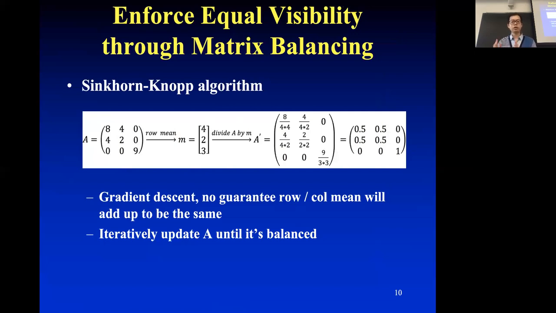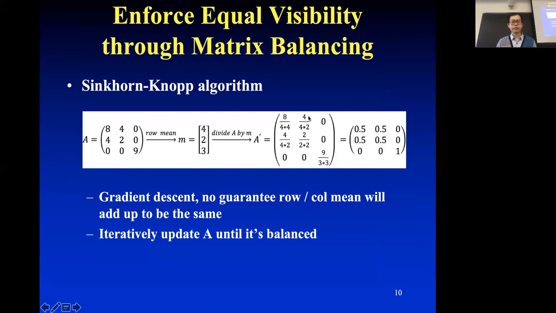So after we know the bias of each location, we divide the number of interactions we see in the data by the bias we get from the original matrix. In this case, we observe 8 interactions from the first location to the first location, so it's divided by 4 and 4, because the bias for the first location is 4 and the other is 4.